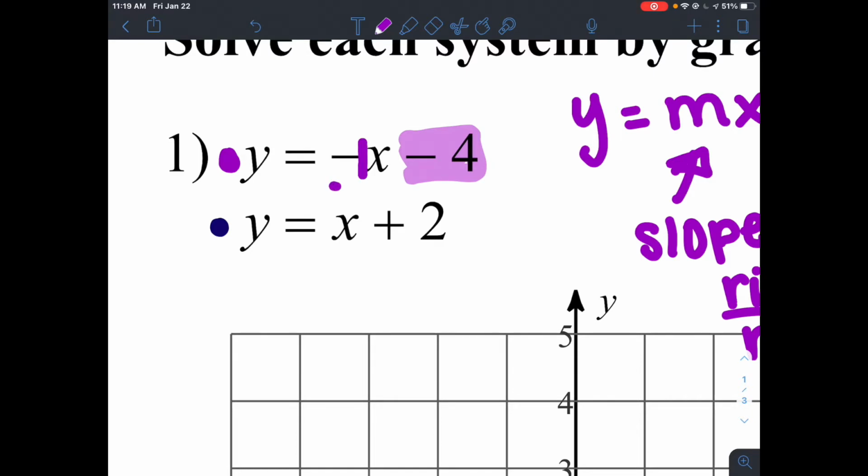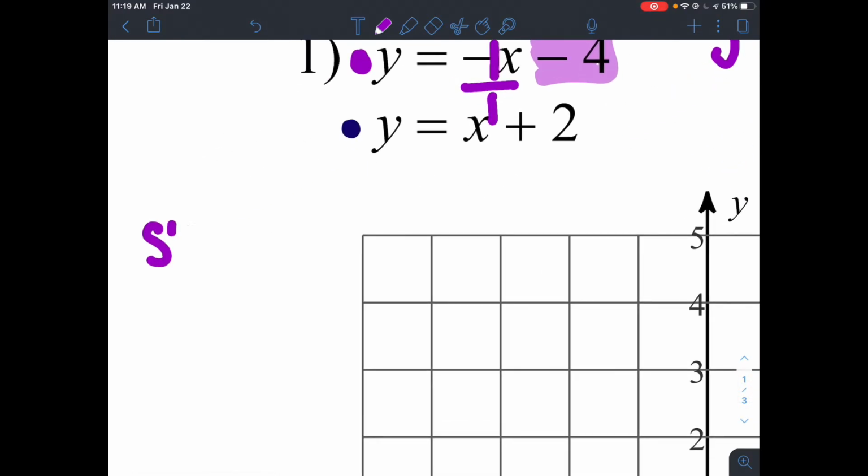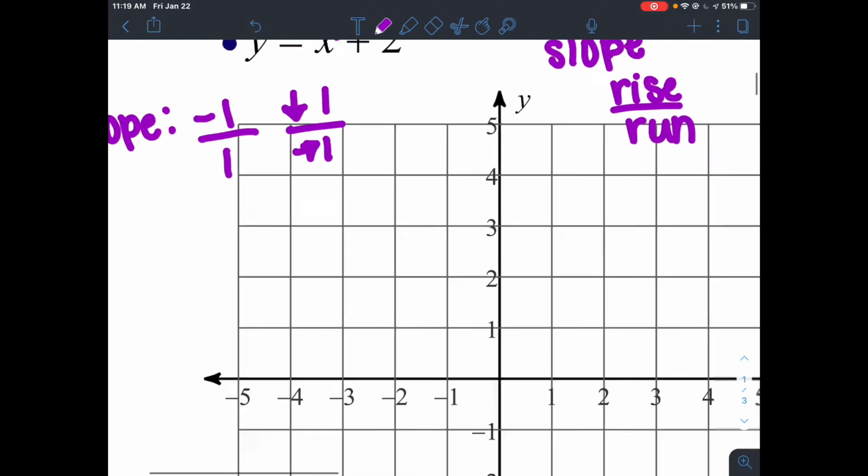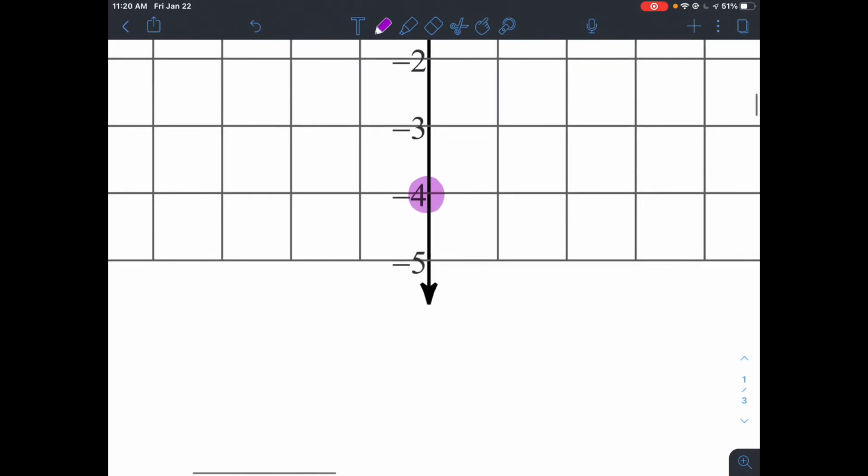I can always turn this into a fraction by putting it over 1. So my slope is -1 over 1. Meaning rise, I'm going to go down 1 because it's negative, and then go right 1 because it's positive. So from this point, I will go down 1 and right 1. So there's my other point.